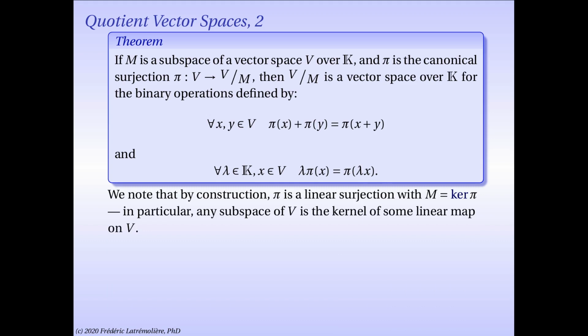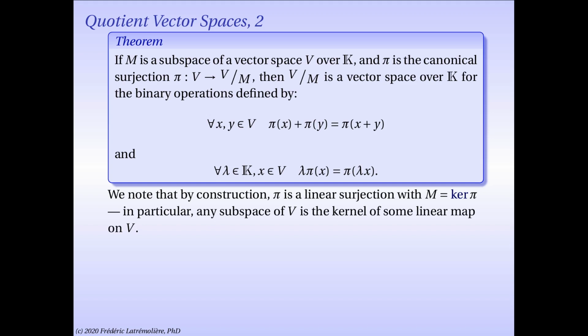Now, there is a little observation here that I make because I think it's kind of interesting. If you look at what we've done, you give me any subspace of V, and I make a quotient, and that quotient becomes a vector space, and I have a natural linear map from V to that quotient, namely the canonical surjection. And then you could look at what's the kernel of this canonical surjection.